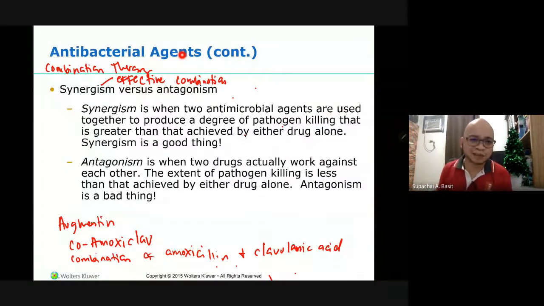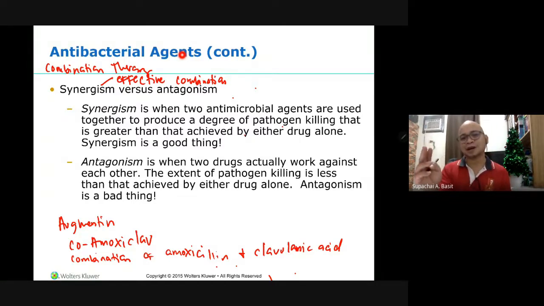But technically, if we're going to define it, it is when two antimicrobial agents are used together to produce a degree of pathogen killing that is greater than that achieved by either drug alone. So if the degree of pathogen killing is greater when the two drugs are combined rather than individual drugs only, then that is called synergism. And synergism is a good thing.